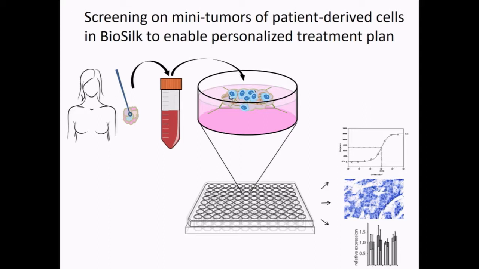So since we can take very few cells and get these types of mini tumors, we get these tumors in the lab within 2 days, and then you can do testing within a week. And then you get these small replicas of the real tumor where you can see at cellular level which drug is most effective against the bad cancer cells without harming the good cells.